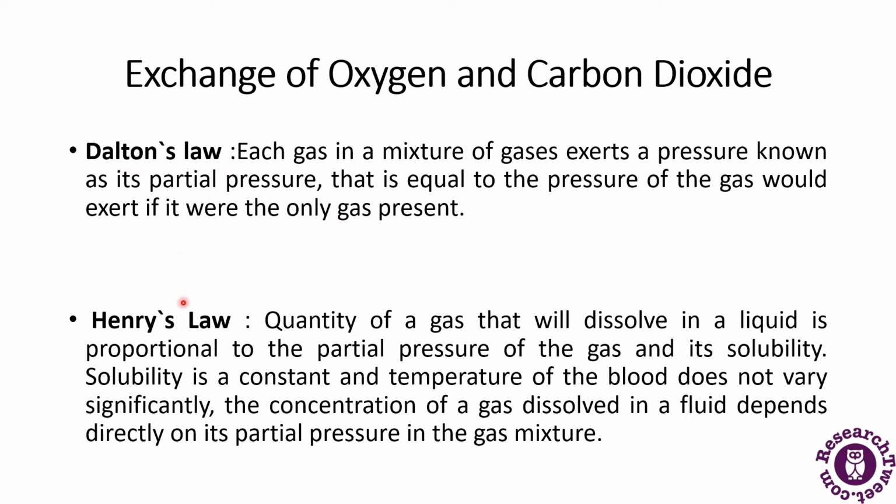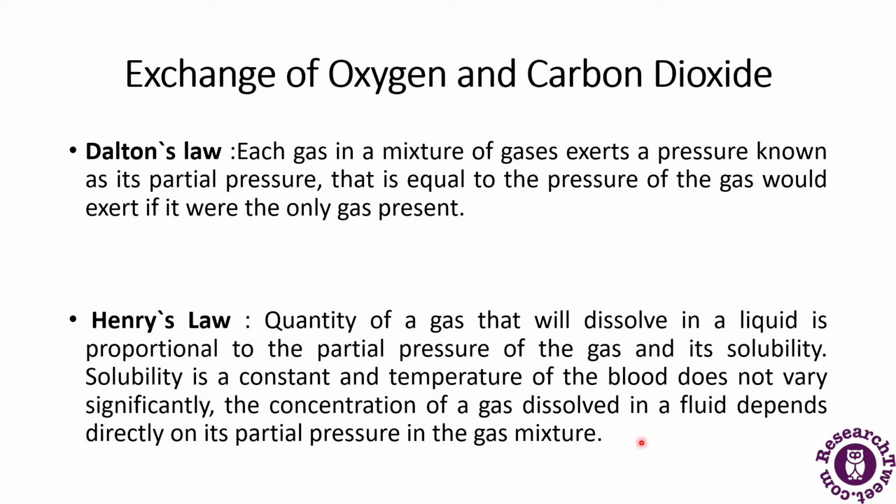Now, Henry's law says the quantity of gas that will dissolve in a liquid is proportional to the partial pressure of the gas and its solubility, while the temperature remains constant. The solubility is constant and the temperature of the blood does not vary significantly. So the concentration of a gas dissolved in a fluid depends directly on its partial pressure in the gas mixture.